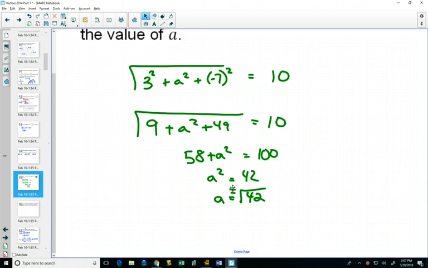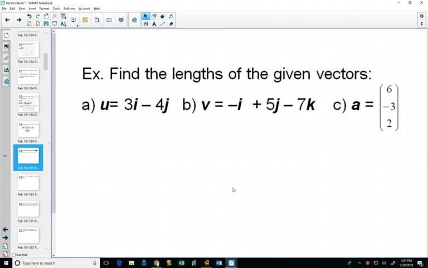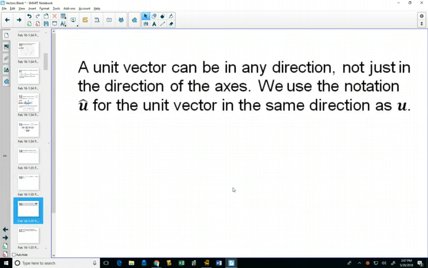So much notation. You ready for new notation? Unit vector. So we can highlight that in your notes.